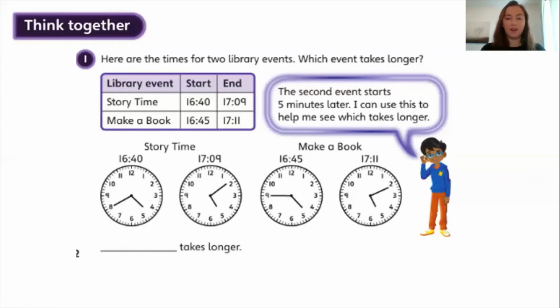If make a book finishes at 1706 when they start at the same time, that must mean that it is a shorter activity than the story time. So the story time takes longer.